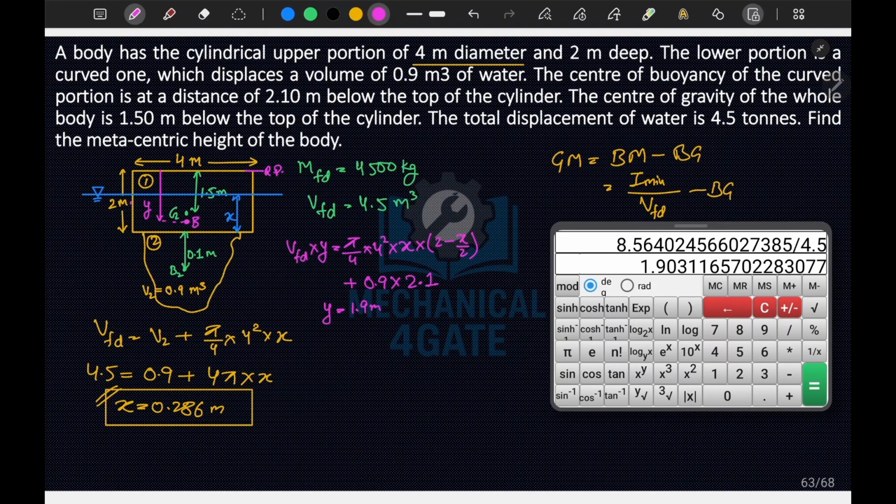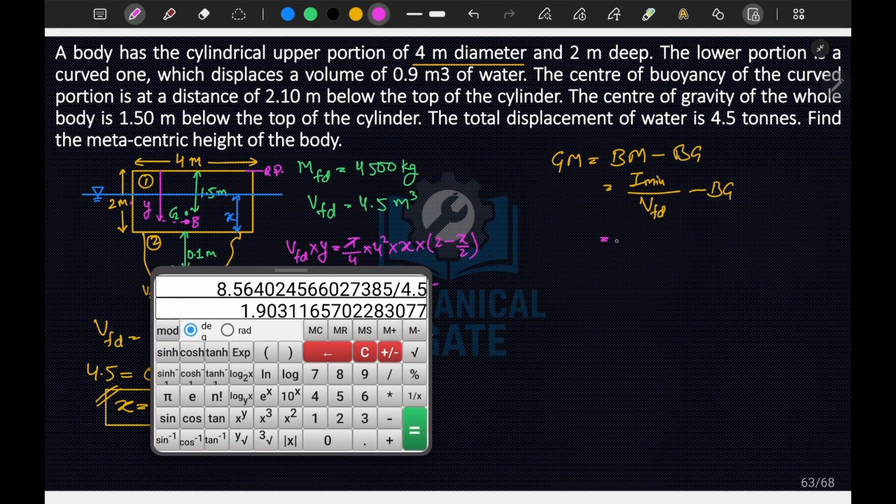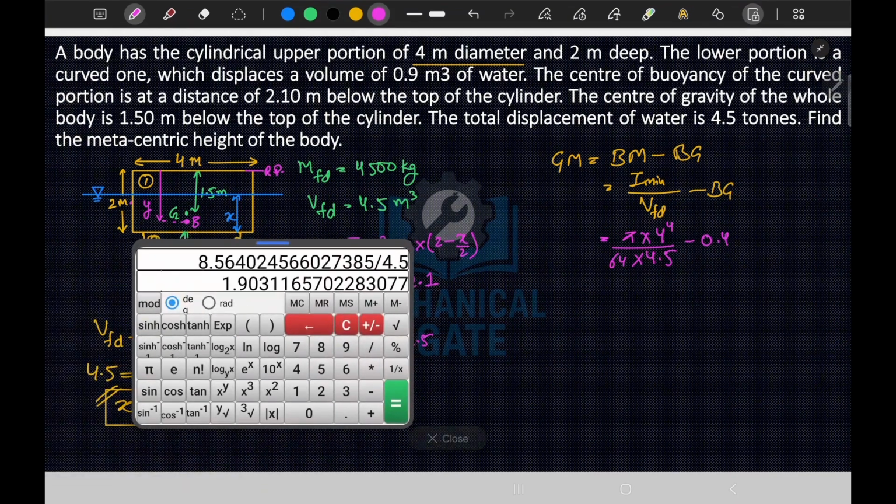Now I can say that my BG is equal to 1.9 minus 1.5, which is equal to 0.4 meter. If I substitute the values here, I minimum I can write as pi by 64 into d to the power 4, where d to the power 4 is 4 to the power 4, divided by VFD, that is 4.5, minus BG that we have just calculated, 0.4.